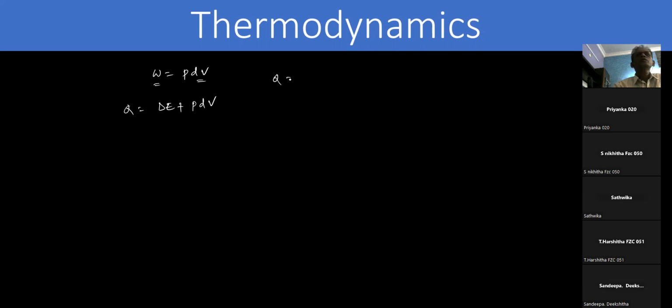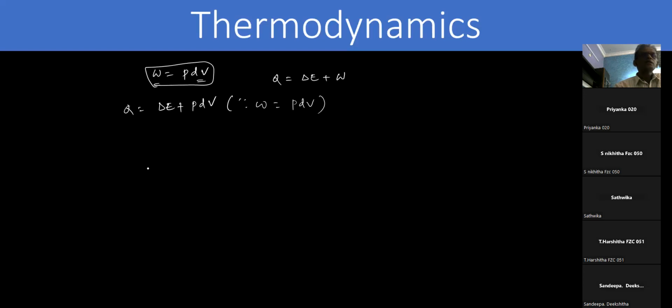Q equals delta E plus W, right? When we replace the W value in this equation, we will get this PdV. Yes or no? Why? Because W is equal to PdV, right?